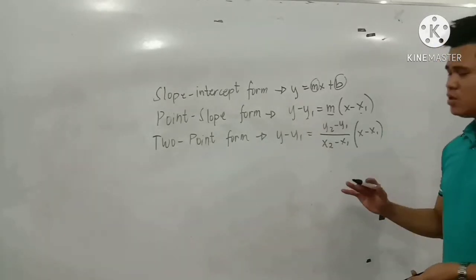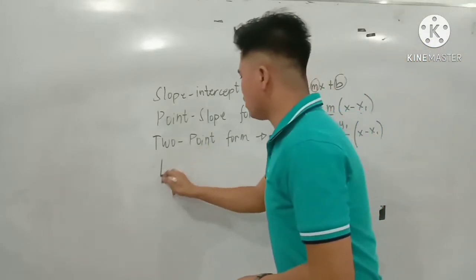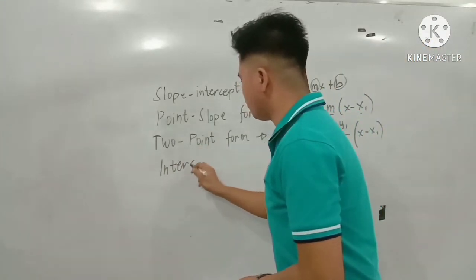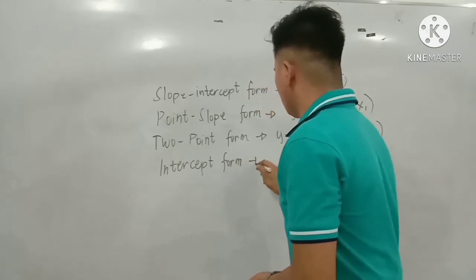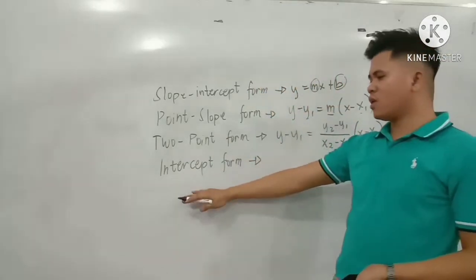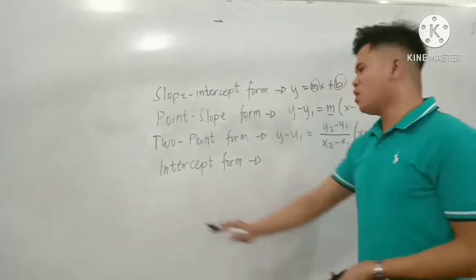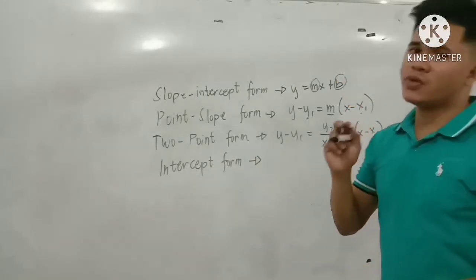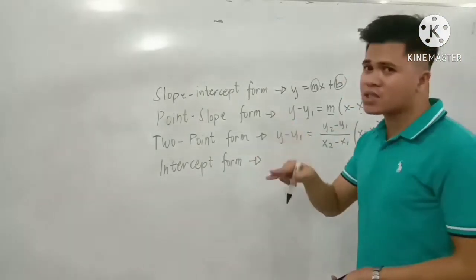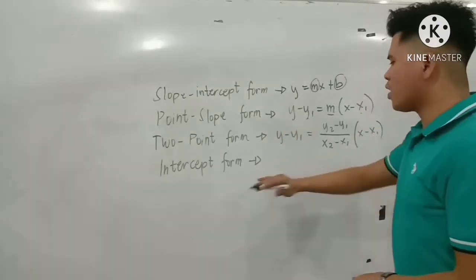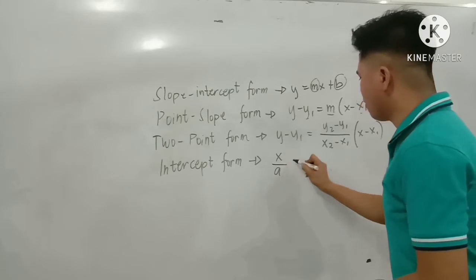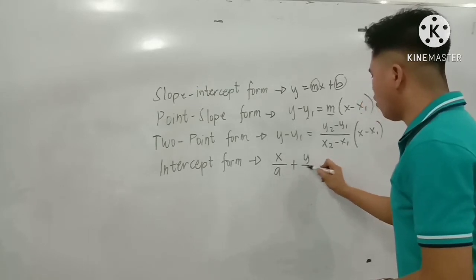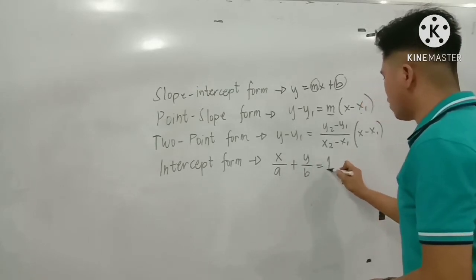Last but not least, we have the intercept form. From the word itself, intercept, the given are the intercepts of the line, meaning the x- and the y-intercept. The equation of this form is x/a + y/b = 1.